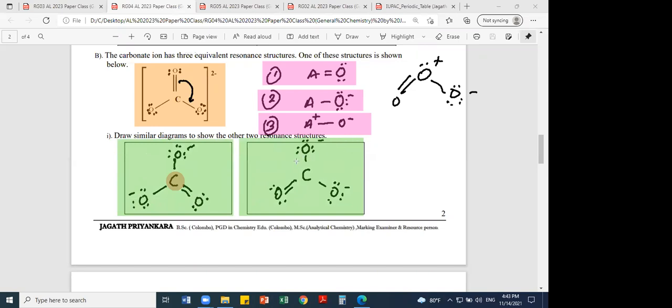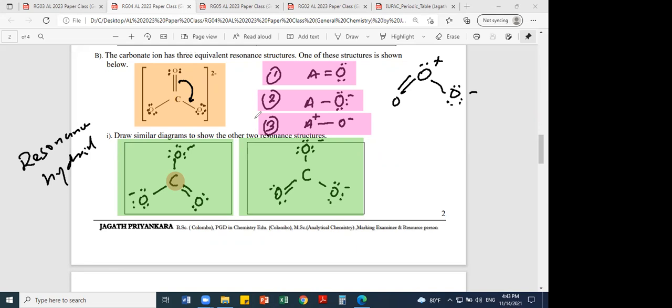Then there's one more. They're asking us to draw the resonance hybrid. But remember, almost all the A-level past papers have never asked to draw the resonance hybrid. I have not come across it. In school term test papers, I have seen some teachers ask the students to draw the resonance hybrid, but in the A-level paper they ask only the resonance structures and most acceptable Lewis structure.